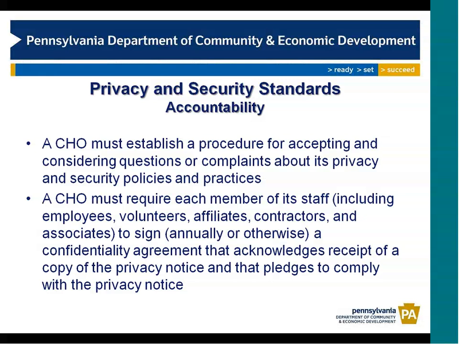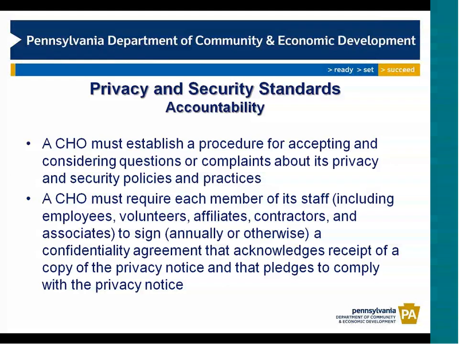Every CHO or agency should have something similar, some kind of binding user contract with their own employees, their own agency staff as well. Now, additional accountability actions can also be undertaken by CHO, even though they're not mandatory. They are highly recommended, requiring each staff member to undergo formal training in privacy requirements, as well as establishing a method such as an internal audit for regular review and compliance with its privacy policy.